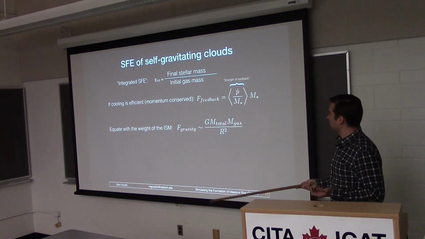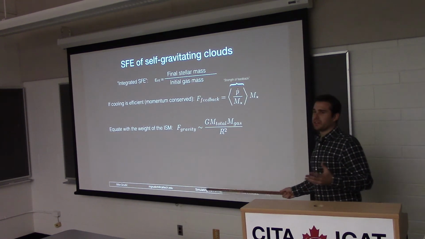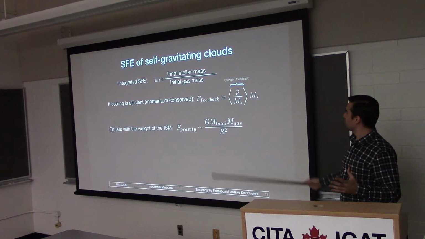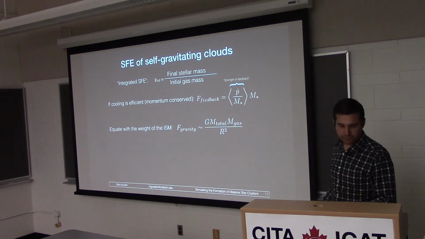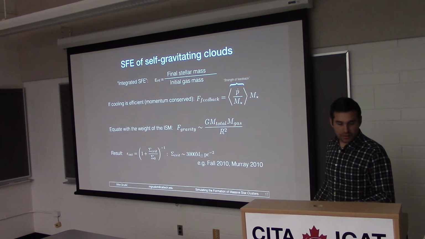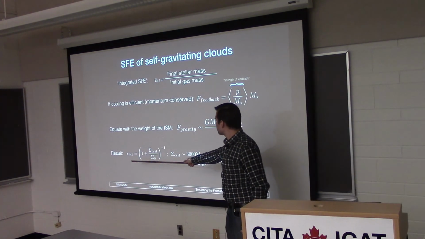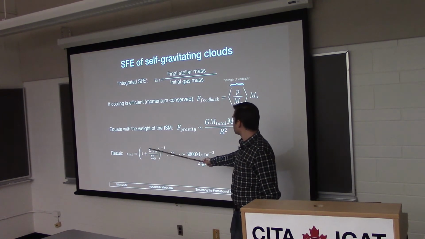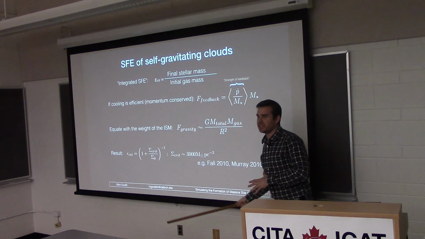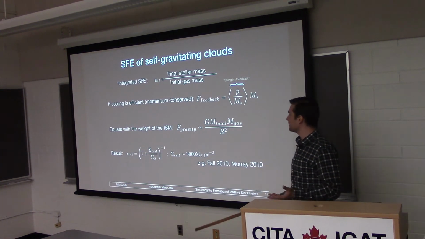Then we just equate it with the weight of the gas, and we figure that around the time when this force of feedback is equal to the force of gravity, the cloud will destroy itself and cease to form stars. When you solve this, you find that the star formation efficiency should be predominantly a function of sigma, the surface density. So essentially, it should scale with M over R squared for these clouds that we've set up.